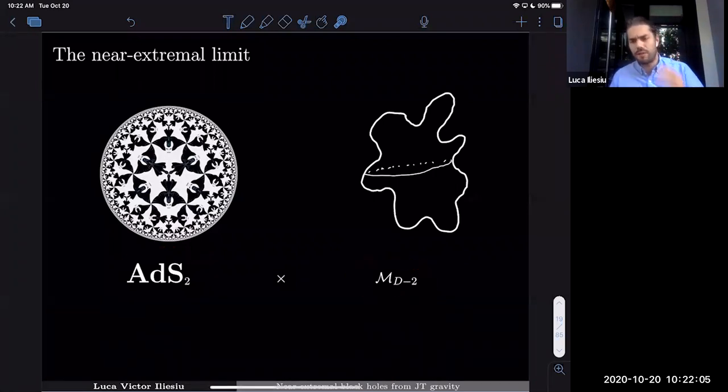For 4-dimensional Reissner-Nordstrom black holes, just to be concrete, that manifold will just be a sphere, but it can be something more complicated. I'll mostly focus on 4D, with some comments towards the end about 3D. Most of the results I'll present apply to near-extremal black holes across various dimensions, both in AdS and in flat space, but I'll focus on flat space.